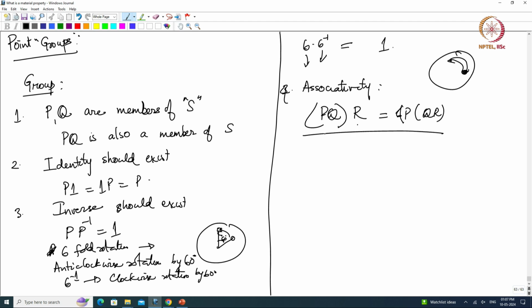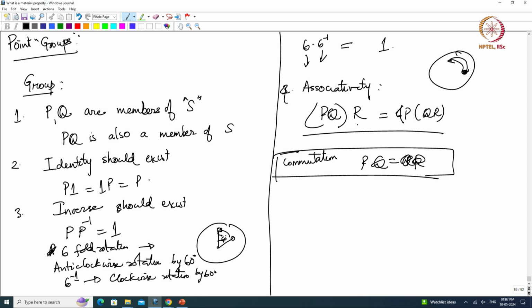Now, in general in a group you do not need to have commutation. Commutation means it does not matter which operation you operate first, QP should be equal to PQ, but this is not necessary to exist in a group.